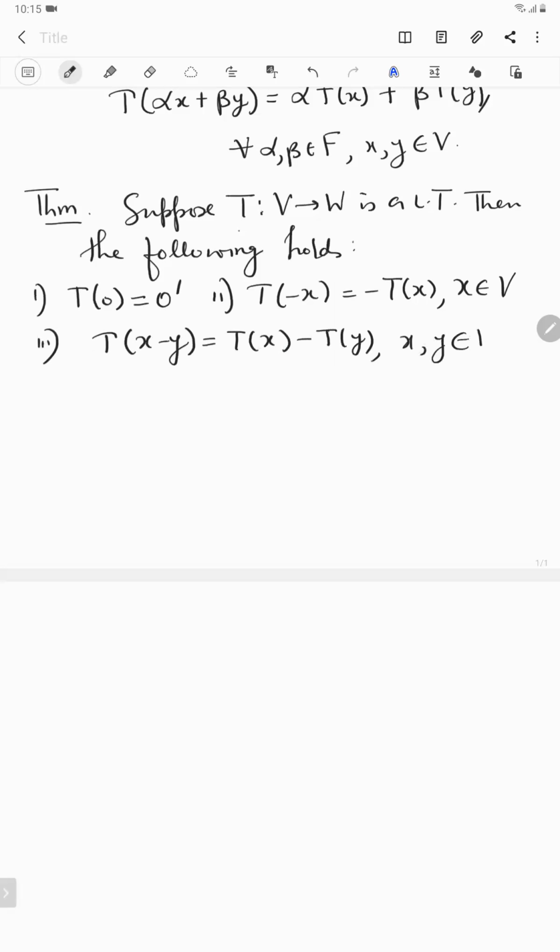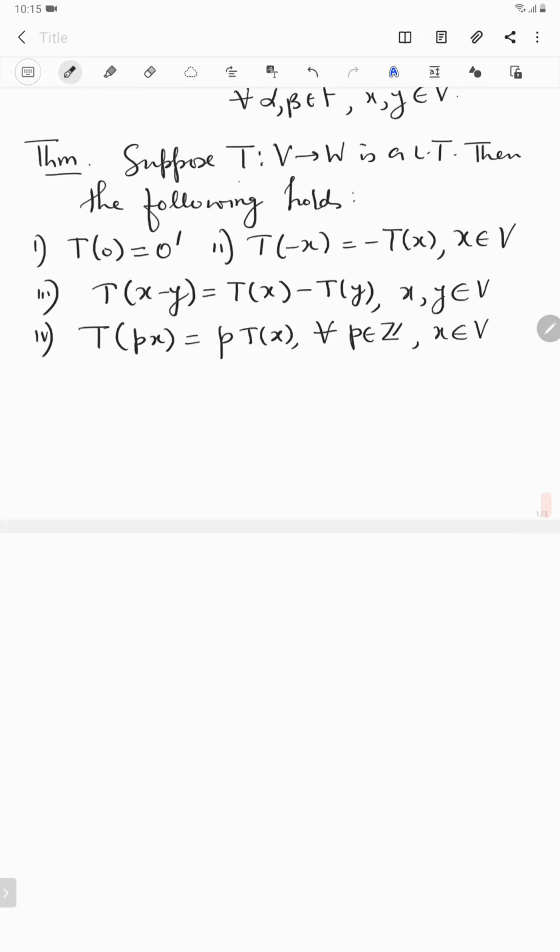And the fourth one is T of p x is equal to p of T x for every integer p and vector x. So let us prove them one by one.